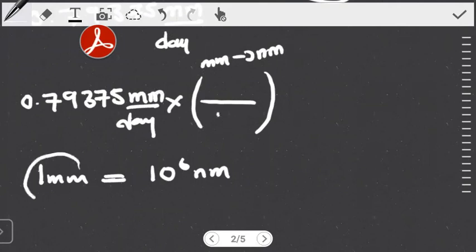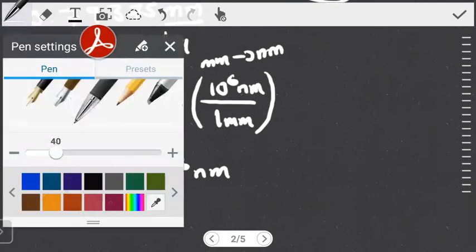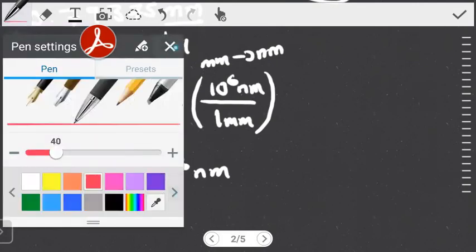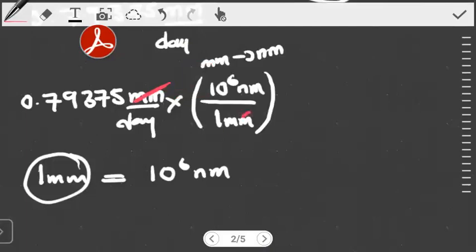So this is 1 millimeter, so in the denominator, I'm going to have 1 millimeter. And then the other unit is going to go up. So this is how I determine which one goes on top or which one goes down. So this part already converts from millimeters to nanometers. Because when you look at it, this is going to cancel with this, and I remain with only the nanometer as the unit of length.